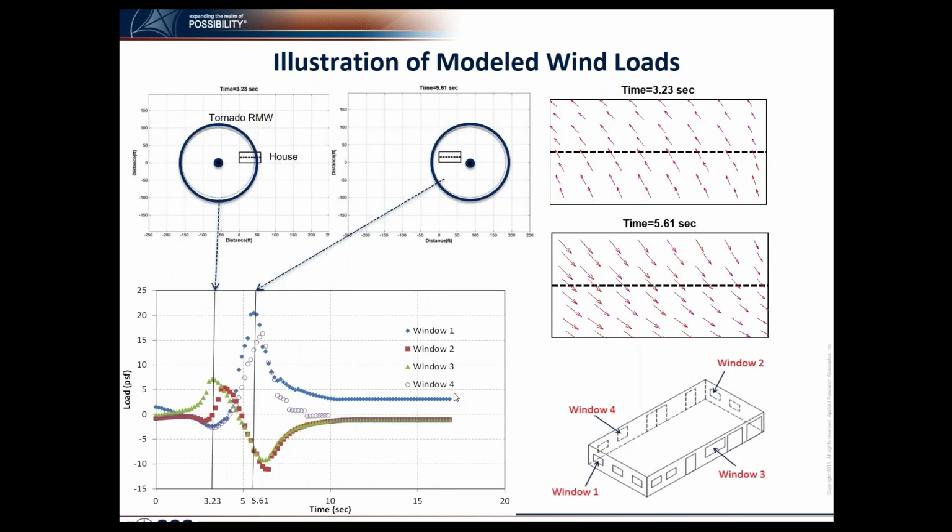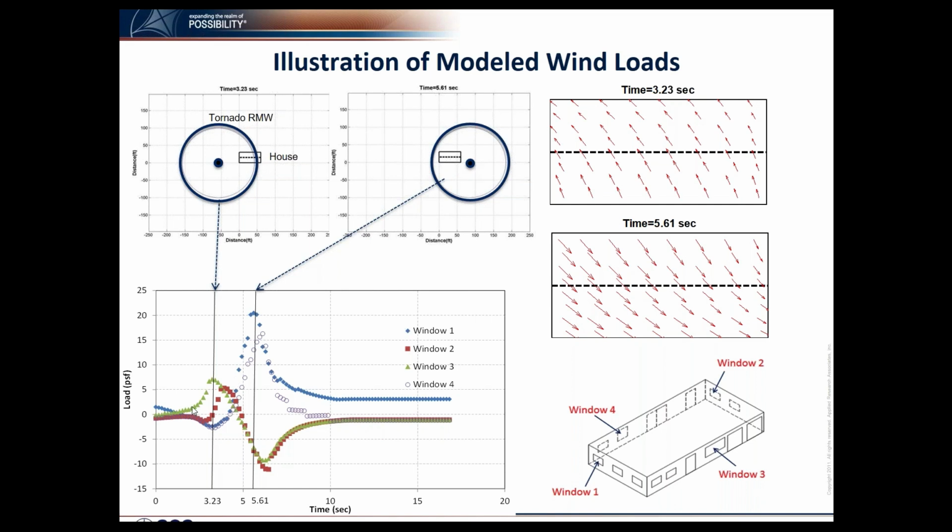And this is an illustration of how our model wind load works. So this is for a gable roof house for 2 positions of the house with respect to the tornado. One is when the tornado center is approaching the house, another is tornado center just past the house.